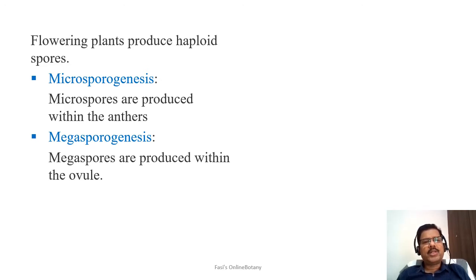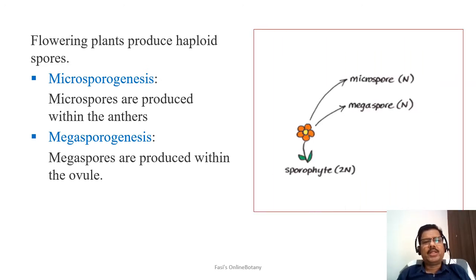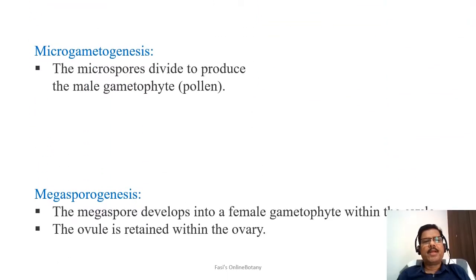In microsporogenesis, the microspores are produced within the anthers. In megasporogenesis, megaspores are produced within the ovule. In microgametogenesis, the microspores divide to produce the male gametophyte, that is the pollen grain.